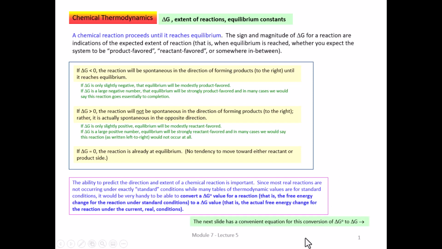Now the next slide has a convenient equation for converting a standard deltaG to the actual deltaG under the real conditions.